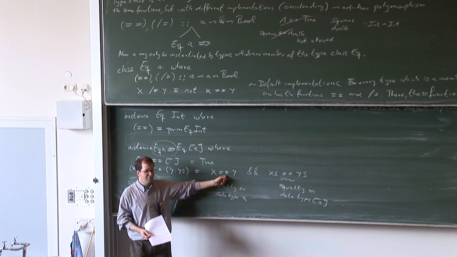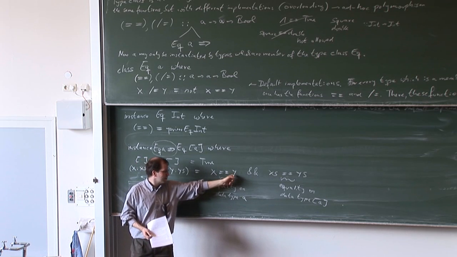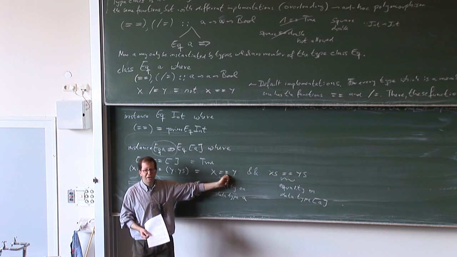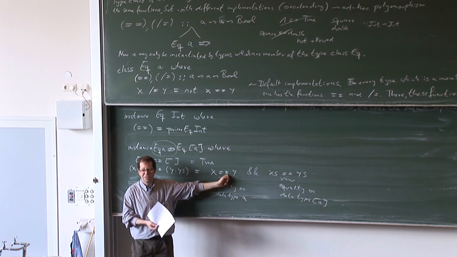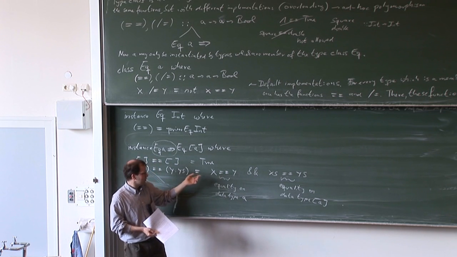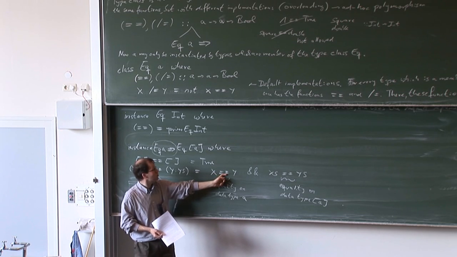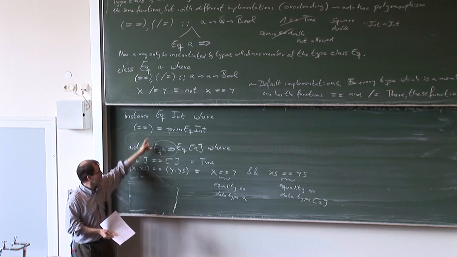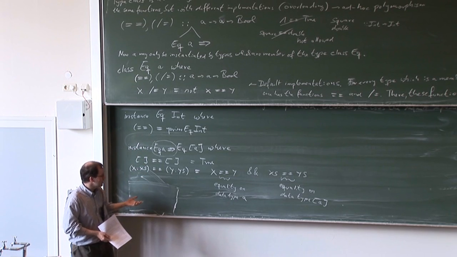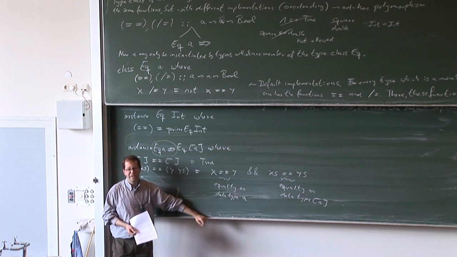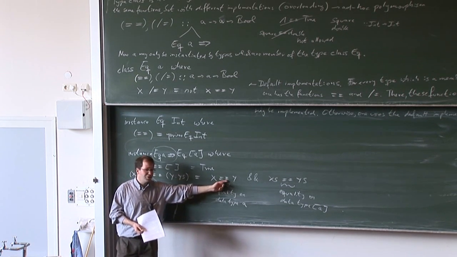This, however, is something completely different. This is equality between elements of type A, and how this equality is defined depends on the type. So if we have lists of integers, then for this equality sign, we would use a different implementation, namely this implementation, if they are integers. So you can see that here we have this ad hoc polymorphism. This function looks the same.